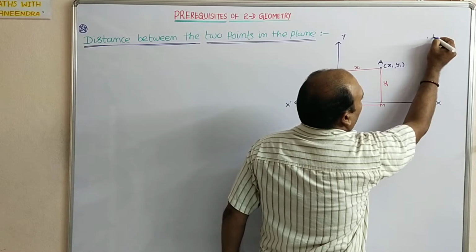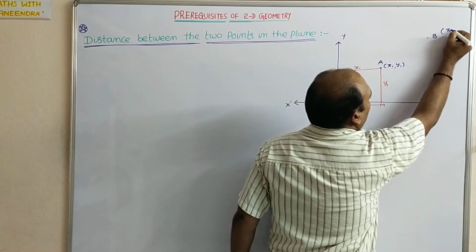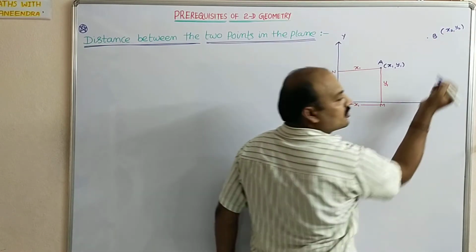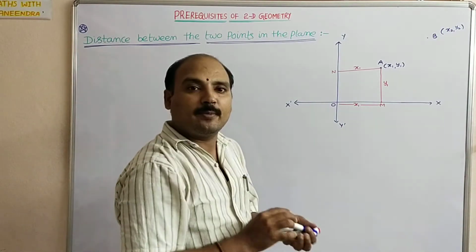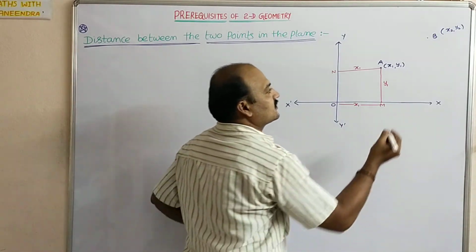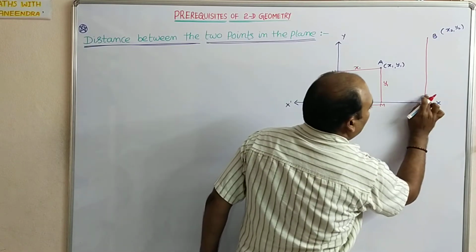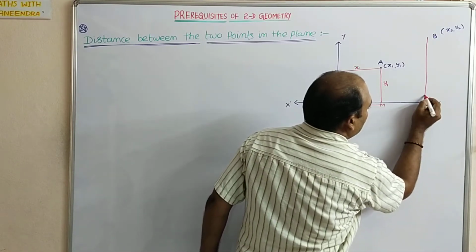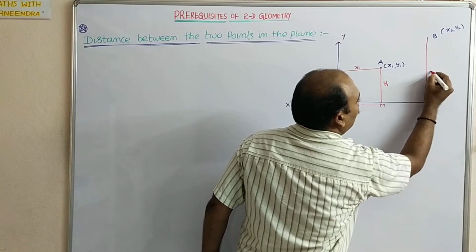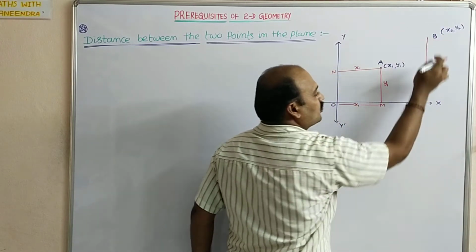Similarly, you consider another point in the plane. This I am taking as B of x2, y2. That means the distance from point B to the x-axis is y2 units. So it is y2 from here to here.